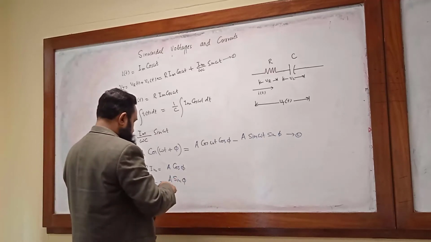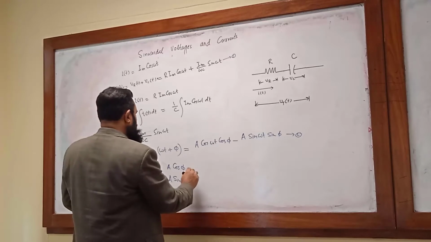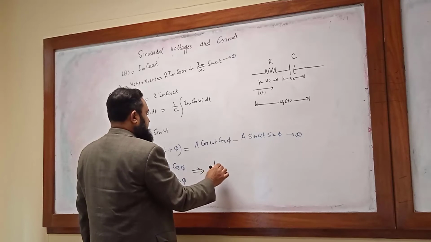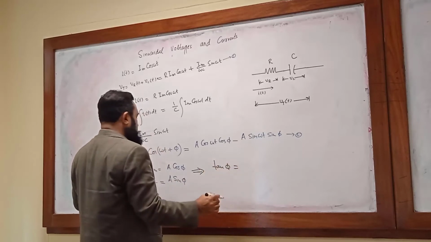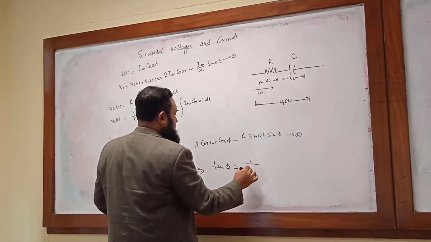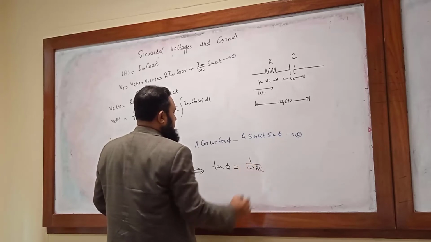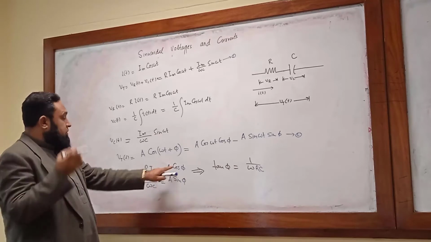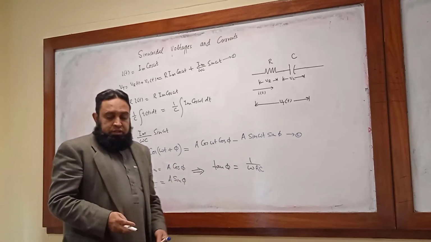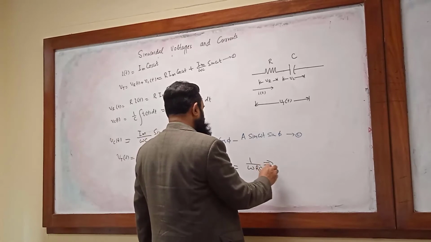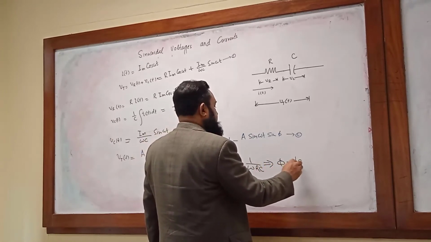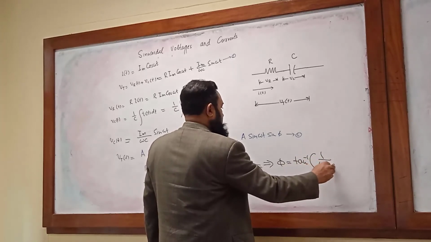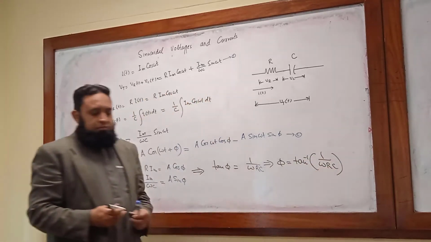And from these two equations, we can write tangent phi is equal to 1 over omega RC, because Im will cancel, and cosine phi divided by cosine phi is equal to this thing. So phi is equal to tangent inverse of 1 over omega RC. Okay.